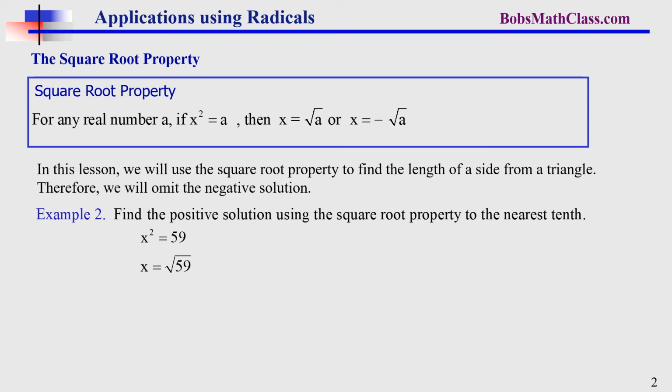That's it. I know it looks more complicated than that, right? We're done basically, except that we want to round it to the nearest tenth. So you're going to, again, get your handy-dandy calculator out and type in the square root of 59.